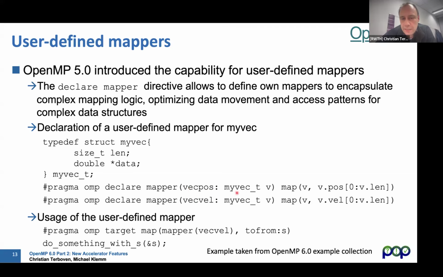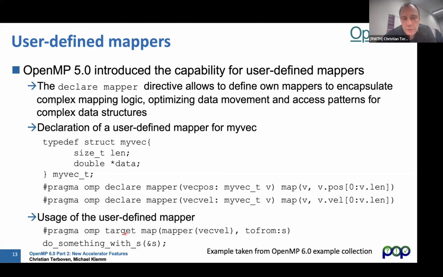This is the name of the mapper. This is the data type of the mapper, and then a placeholder variable. And this is then actually what's being mapped. Here we have the position and the data. And this is how it's being used.